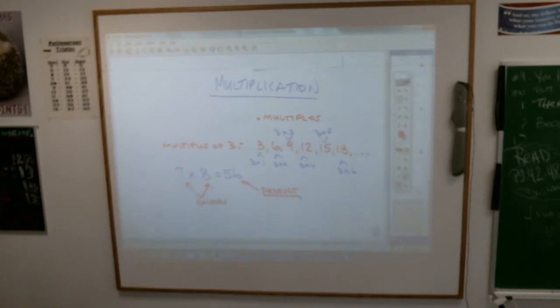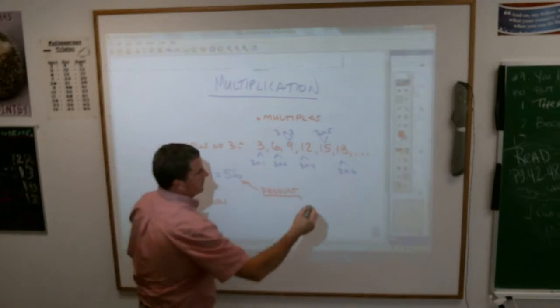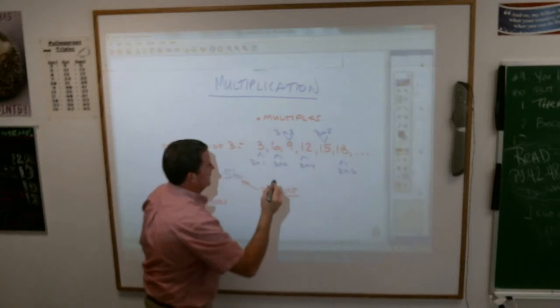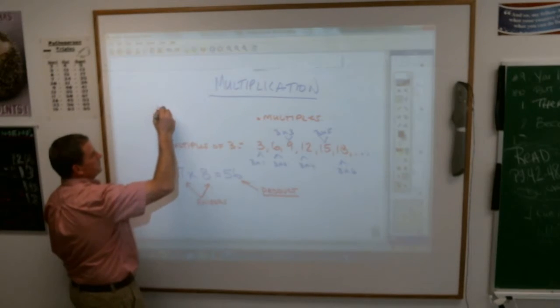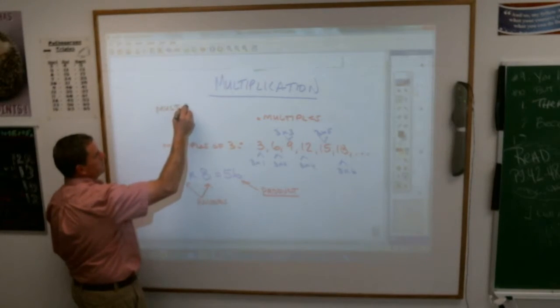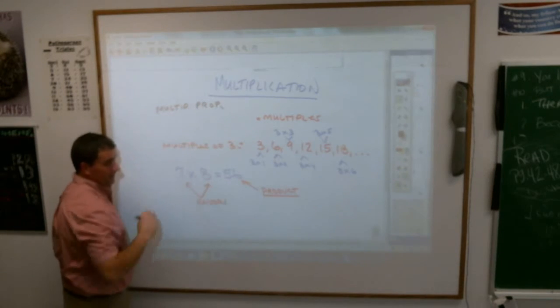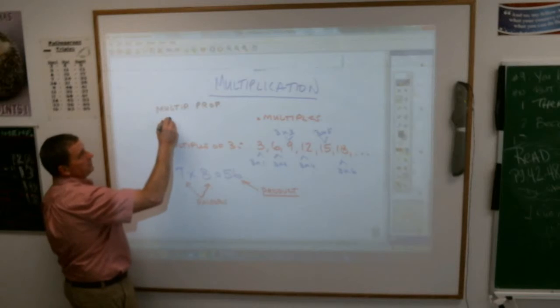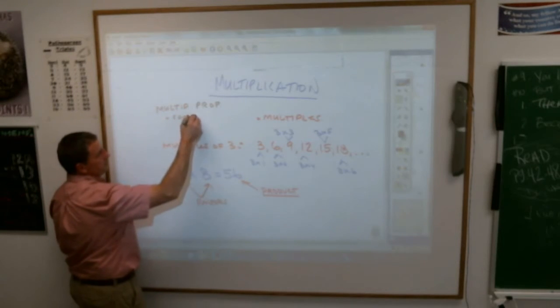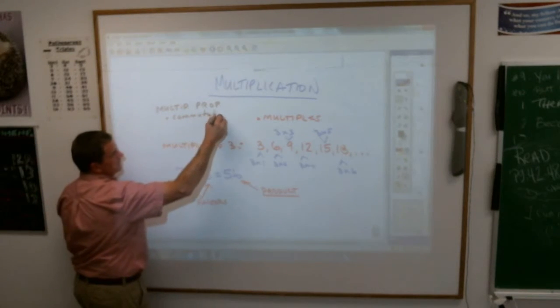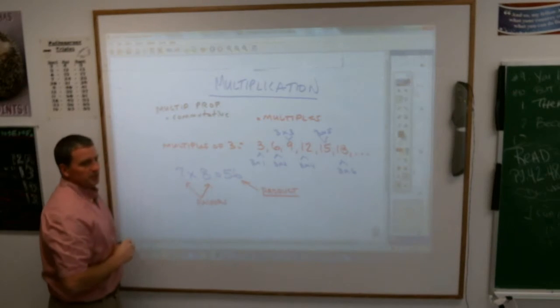Okay, and then we have to talk about the properties of multiplication. Just like we had addition properties, we have the multiplication properties, the props. And they're pretty much the same, actually. We have one called the commutative property. Does anybody remember what the commutative property of addition was?